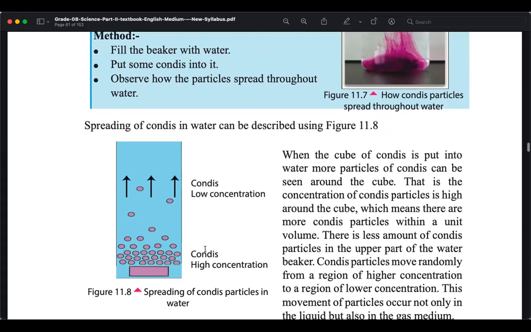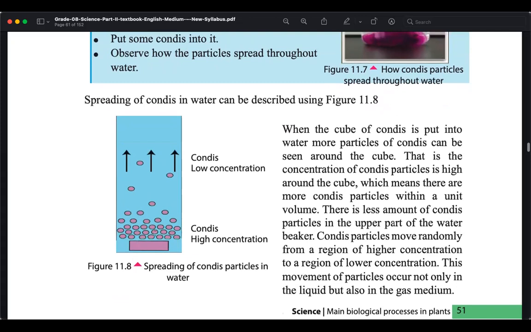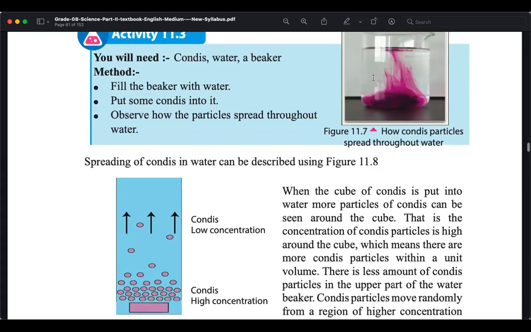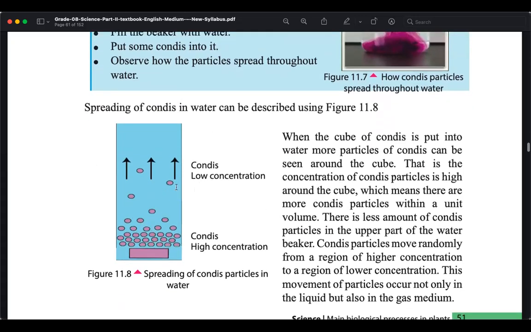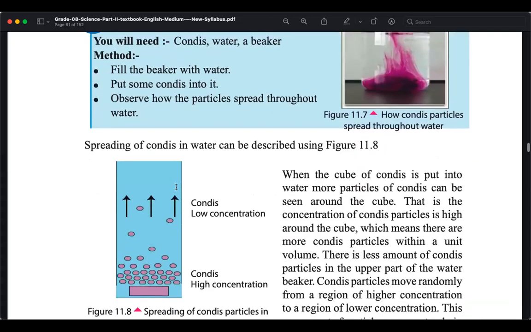When you put the particles in, the concentration of condensed milk is high there, but you can see low concentration in the water. So slowly it starts spreading. That is what diffusion is. This is how we can smell food, how we can smell something, because it spreads, right?